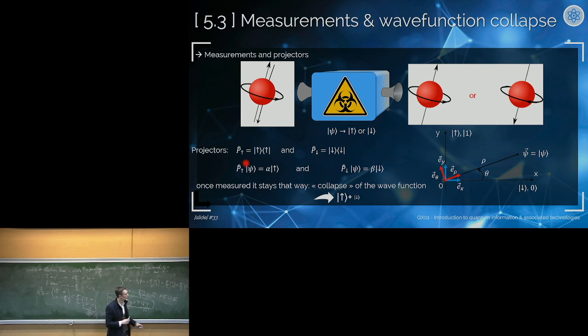So this would be the projection along the up state, and this would be the projection along the down state. And indeed, if I apply this operator here onto my psi, I will find this result. And if I apply this projector, so the down projector, onto my psi, I will find this result.